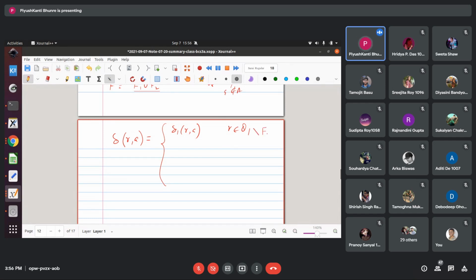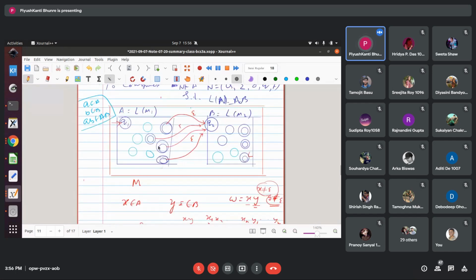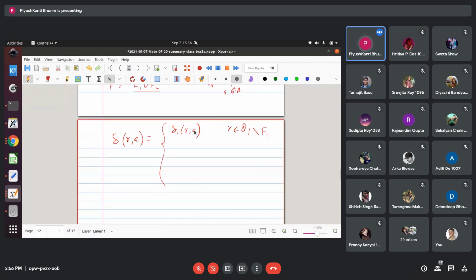We don't want R to belong to the final state over here, so there may be some state transition from the final state of M1 to other parts of the machine. So we want to prevent that.